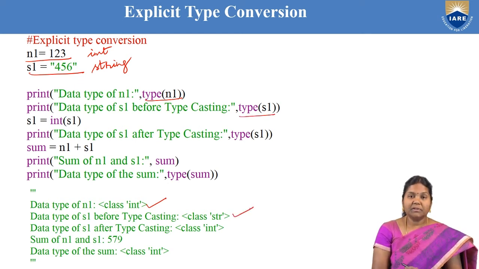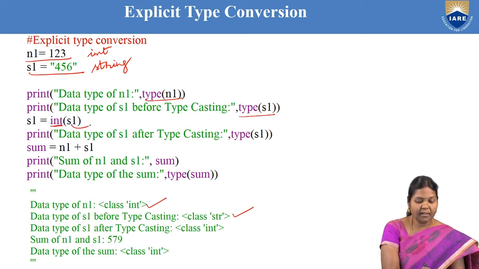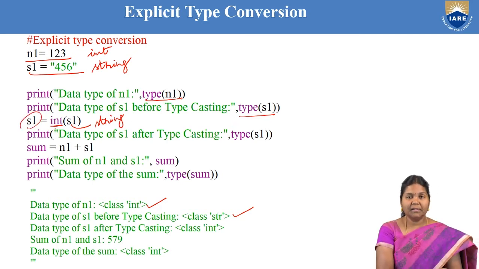Now, because it is a number string, if you want to add it, first convert the string into an integer. Using the int function, we give S1, which is a string, and it explicitly converts that string into an integer. You can see the int function explicitly converts the string into an integer. That is stored again into the same object name, S1.